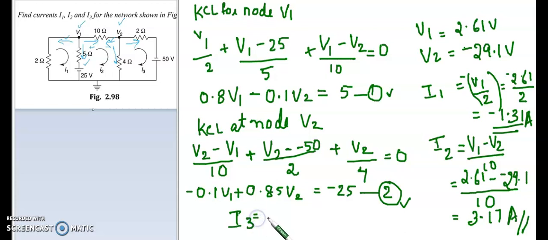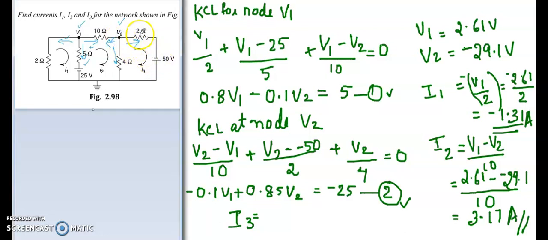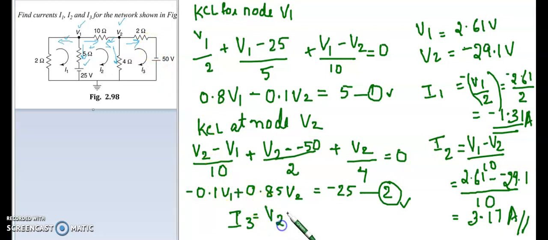I3 is the current moving in this direction. It is same as V2 minus 50 by 2. Sorry, not minus, minus of minus 50. That is V2 plus 50 by 2.